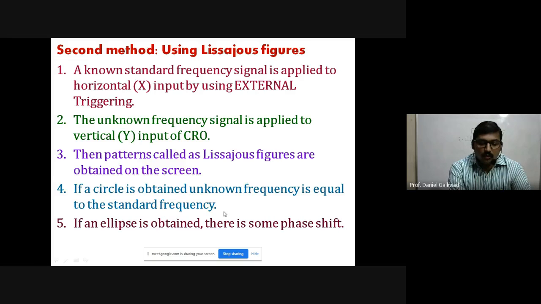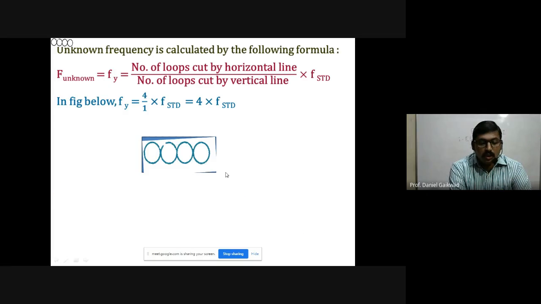The frequencies are the same if we obtain a circle on screen. Okay, next is the fifth. If an ellipse is obtained, there is some phase shift. For the ellipse shape, there are a number of conditions and there is a certain phase shift between the input and output.